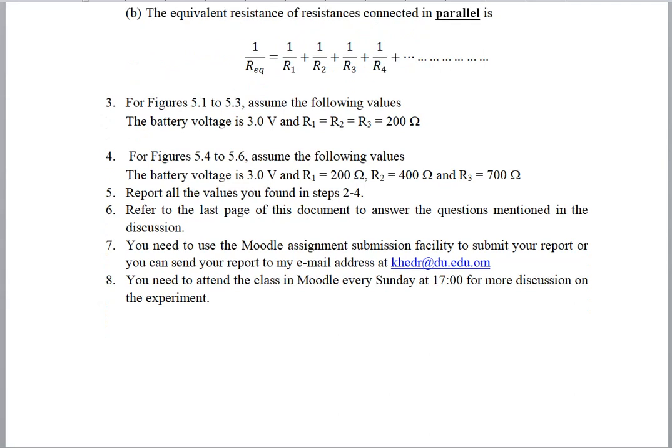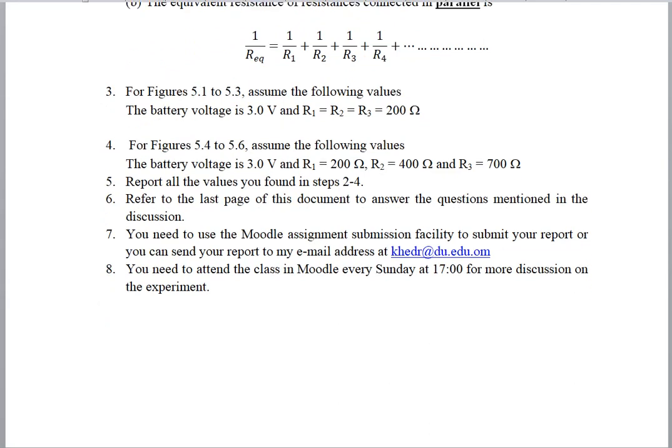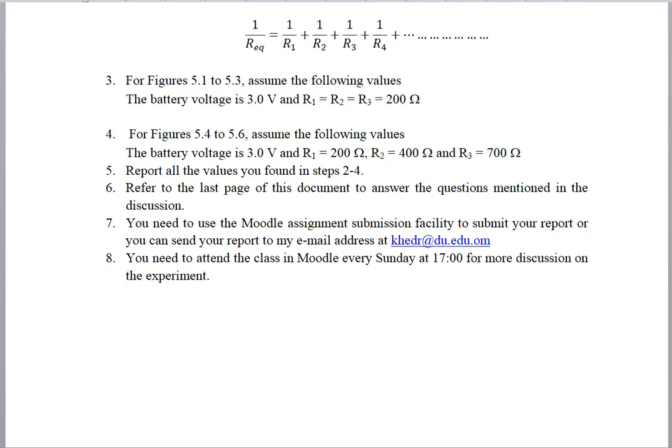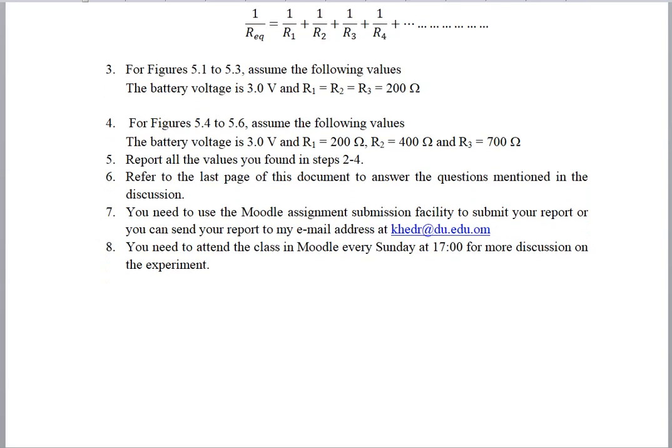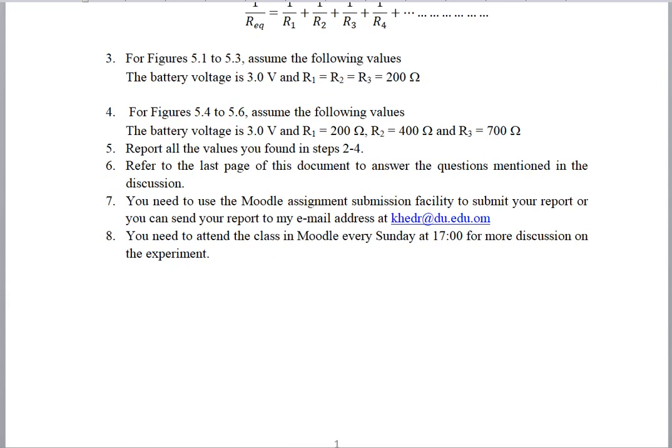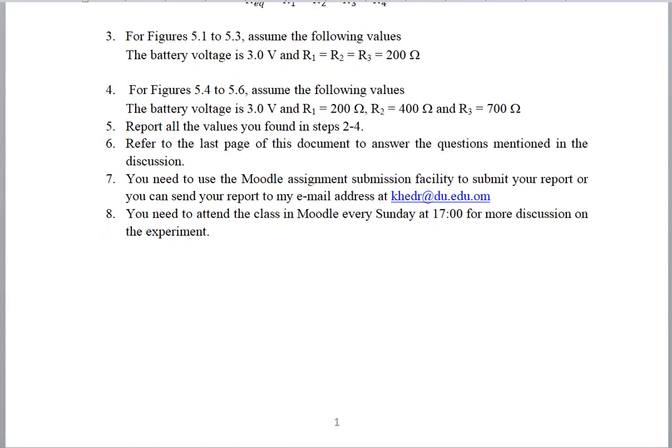And then after you finish, you need to submit a report using the assignment submission in Moodle, along with the other report, the one-page report, which you used to do during our class on campus. You can do the submission via Moodle or via email.